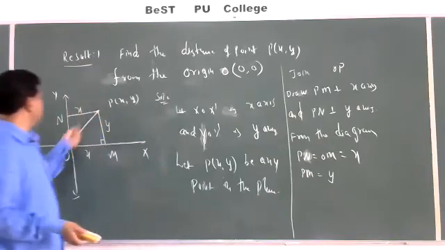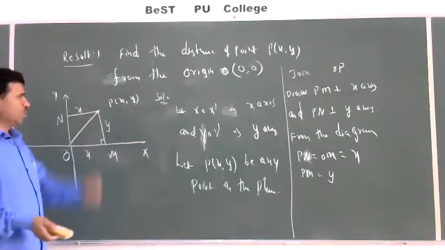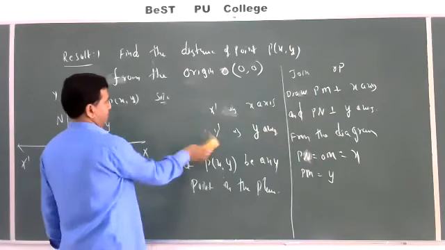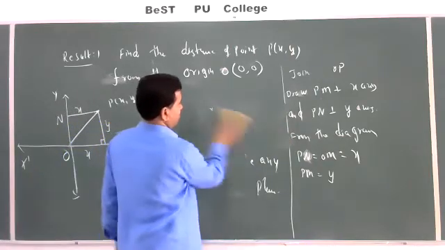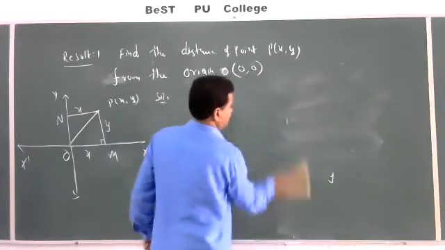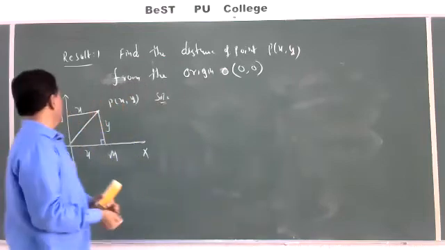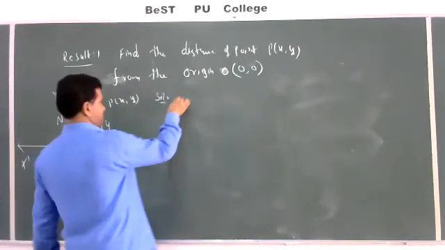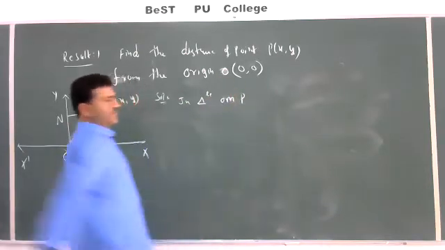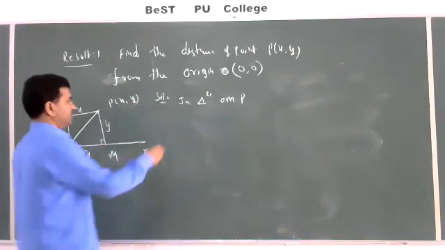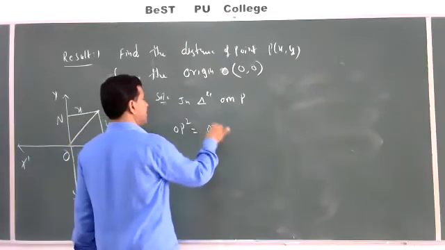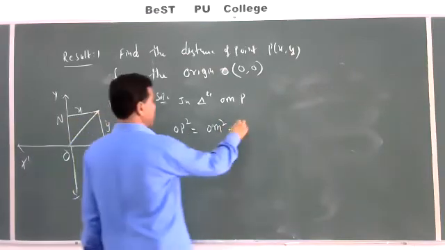Now see what is required. We have to find the OP value. So in triangle OMP, OP square is equal to OM square plus PM square.